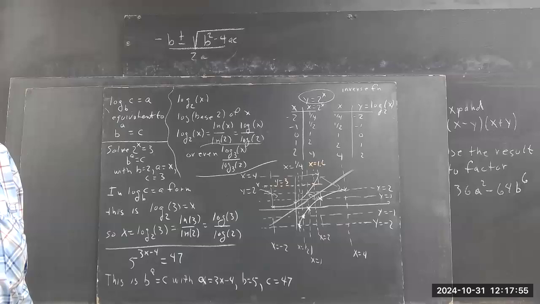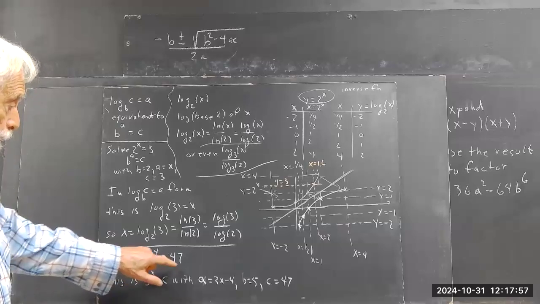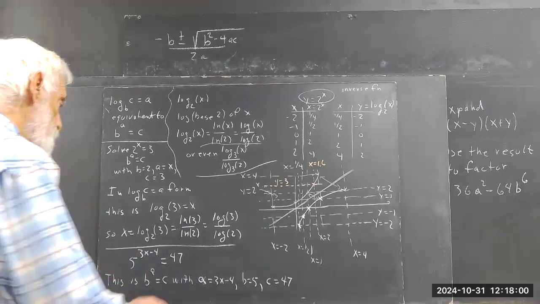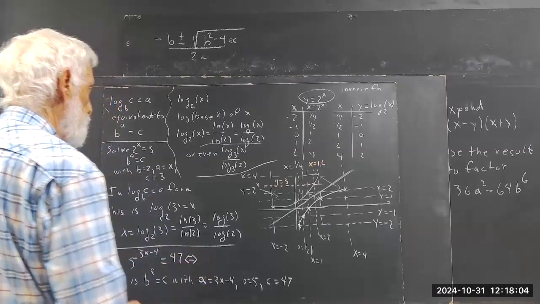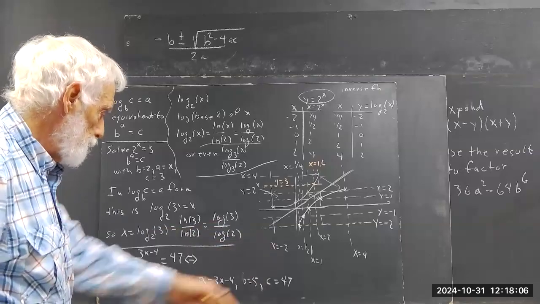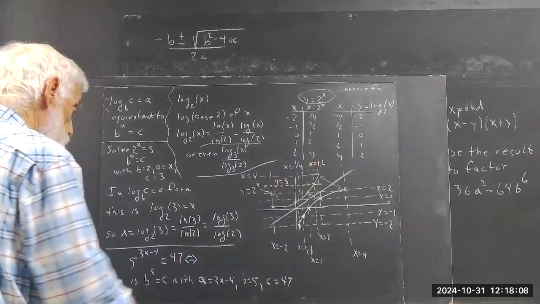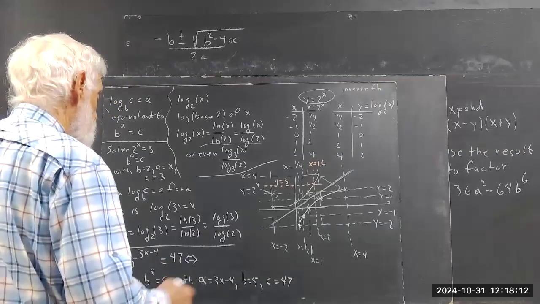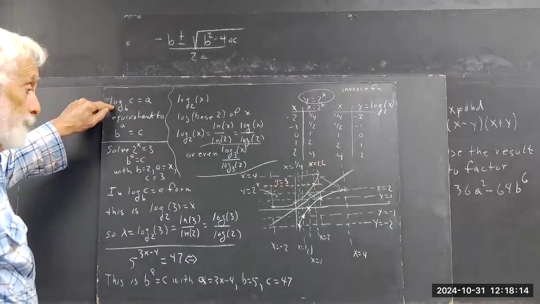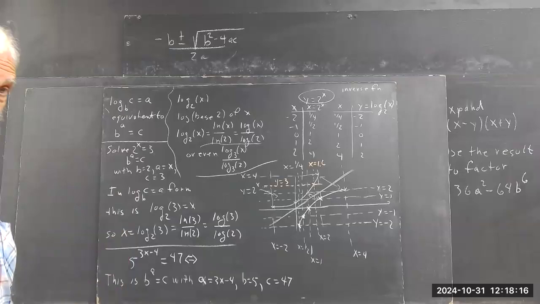So a equals 47. This is equivalent to, that's a double arrow. It means if this is true, then that's true, and if that's true, then this is true. It's not an equal sign. Equivalent to what? Write it out in log form if you haven't already.